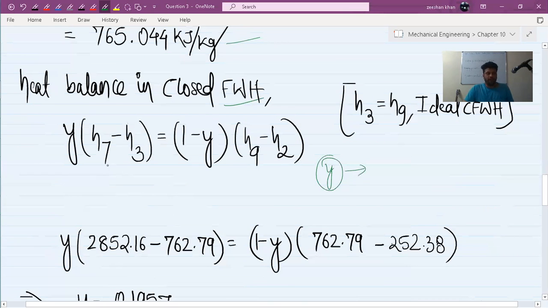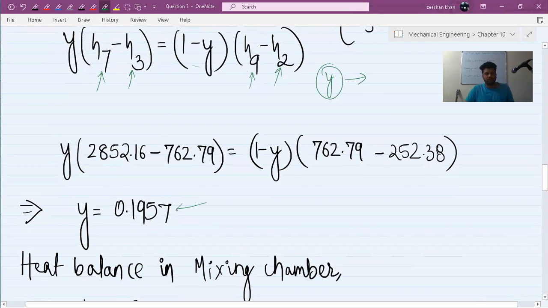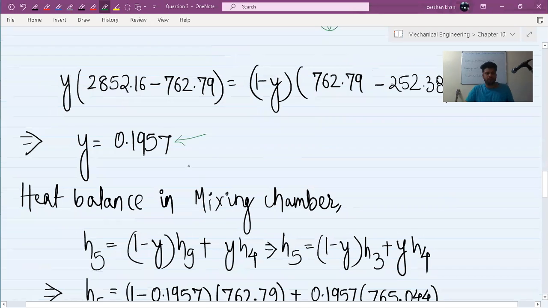So again, applying the heat balance: h7 minus h3, I told you that y amount of steam is being taken from the seventh state to the third state in the closed feed water heater, and 1 minus y amount of steam has been taken from the second state to the ninth state. That gets you the value of y, which comes out to be 0.1957. So about 20% of steam has already been taken out for regeneration.